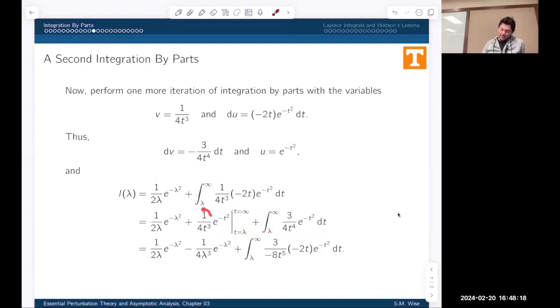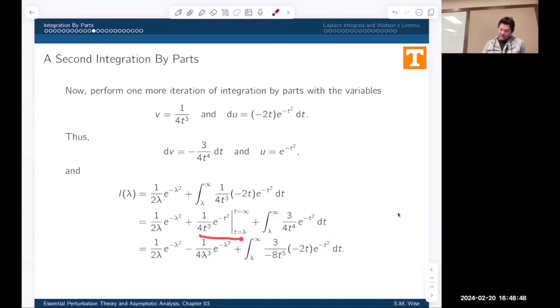I do v and u evaluated at the endpoints. And now I have a new integral, which is going to be minus u dv. So minus this integral pairing right here. But the minus sign that I have with that integral destroys this minus, and so I get a plus. Integral from lambda to infinity of this integrand here.